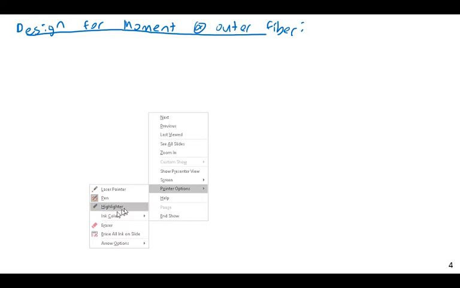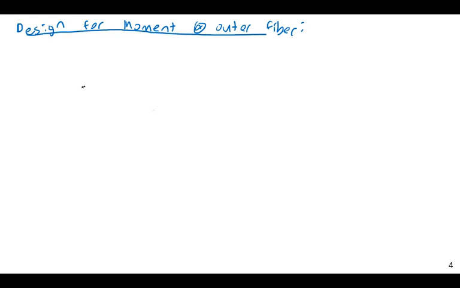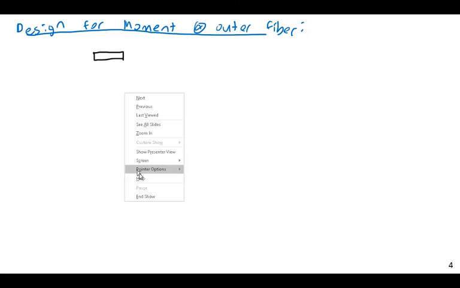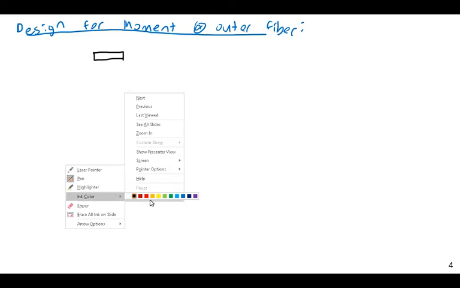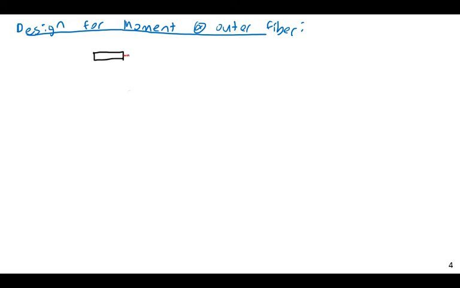Design for moment at outer fiber. Okay, what do we mean by this? In other words, at the outermost fiber, the stress is going to be in a pure bending state. We're going to have tension or compression. I'll draw it as tension though.